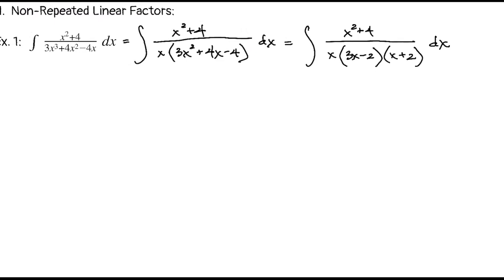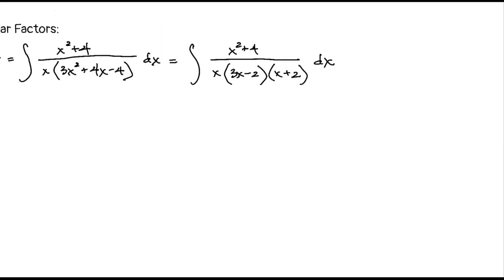Now, this is actually another great place to pause and just make sure that you factored correctly, okay? So maybe FOIL it back out, make sure that you can get back to your original and that there are no sign mistakes, okay? So this is a good place to pause, check your work before you move on.